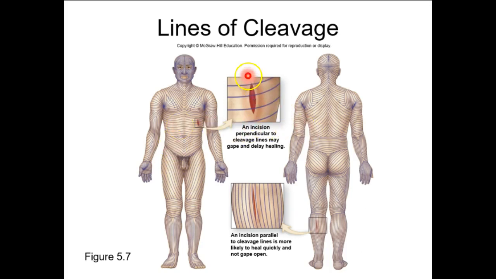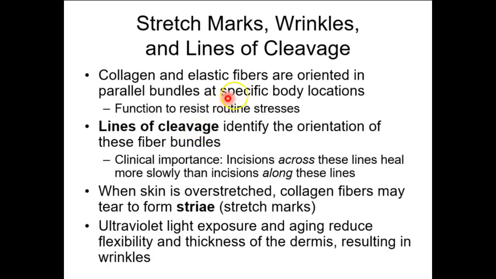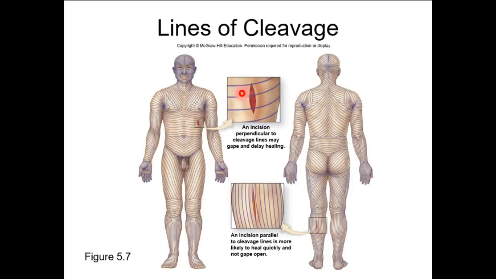It also means that if your kid scrapes a knee or their trunk and gets a scratch, you want that scratch to be along the line of cleavage. If it's against the line of cleavage, it's going to be harder for it to heal. It's related to the orientation of the collagen fibers. Collagen and elastic fibers are oriented in parallel bundles in specific locations.